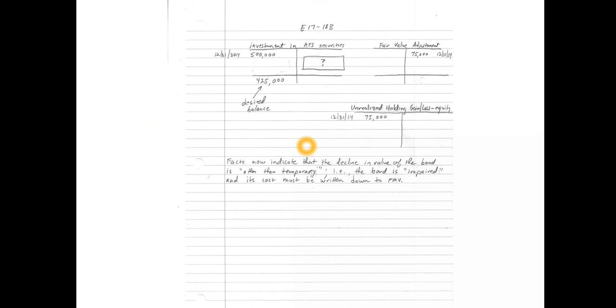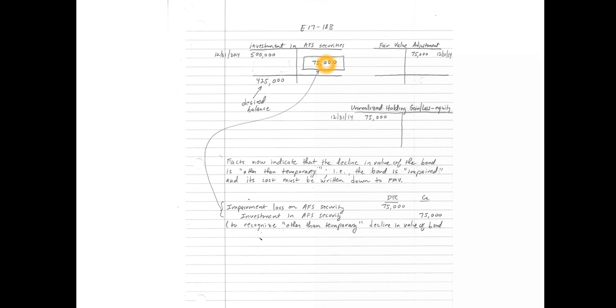So what we're going to do is prepare an adjusting journal entry that brings the balance in that investment account down from its current balance of $500,000 to $425,000. And of course that's going to involve a credit to that account of $75,000.